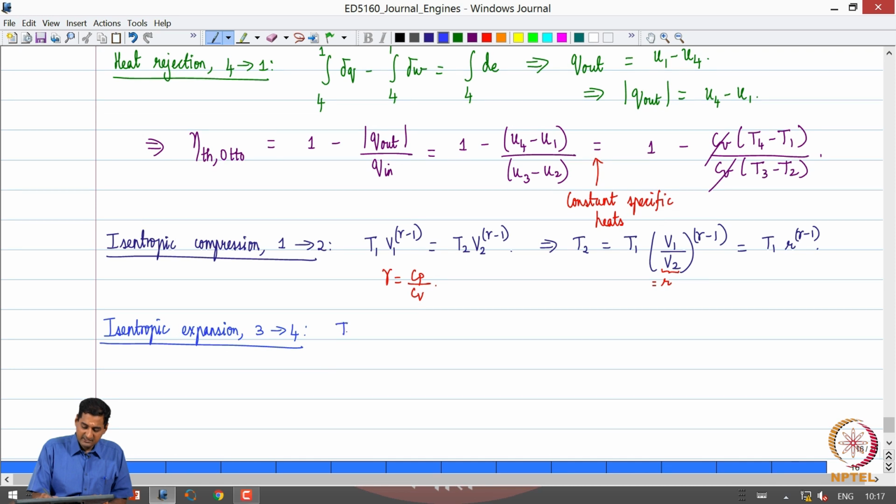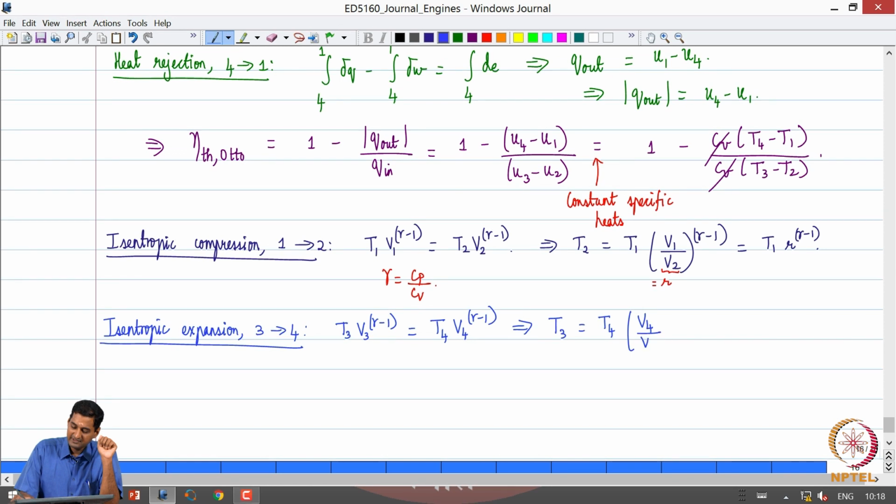The process relationship becomes this: T3 equals T4 times (V4 by V3) to the power gamma minus 1.